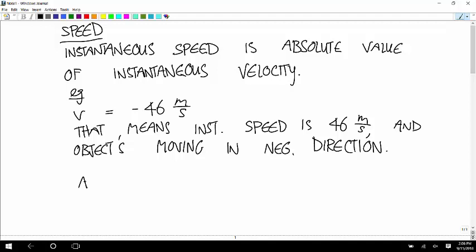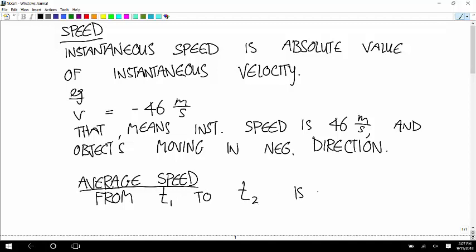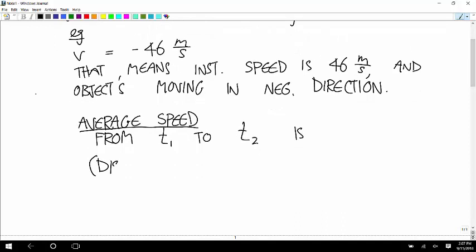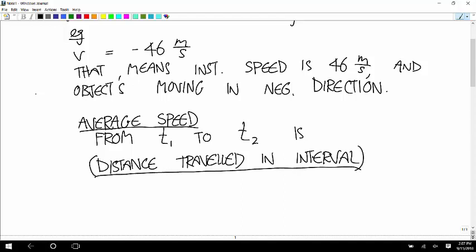Average speed from an instant t1 to a later instant t2 is the distance traveled in that time divided by the elapsed time, so t2 minus t1.